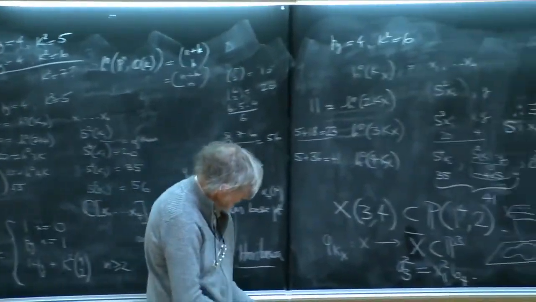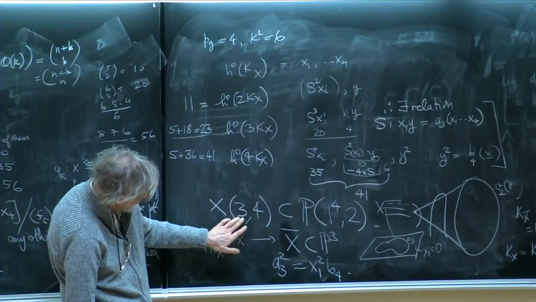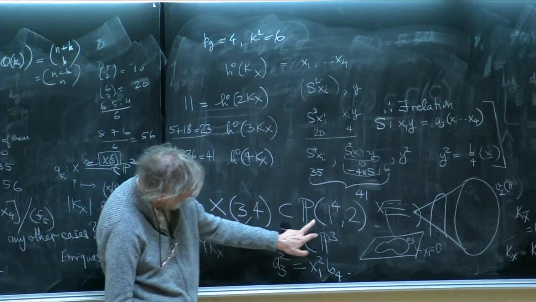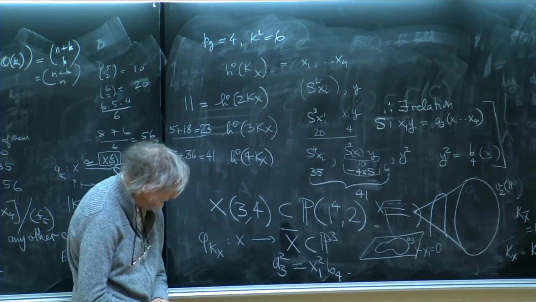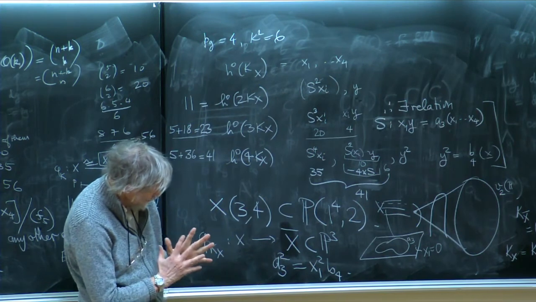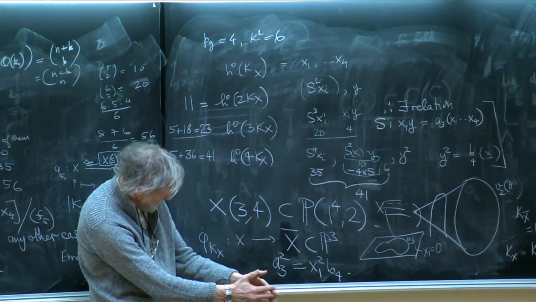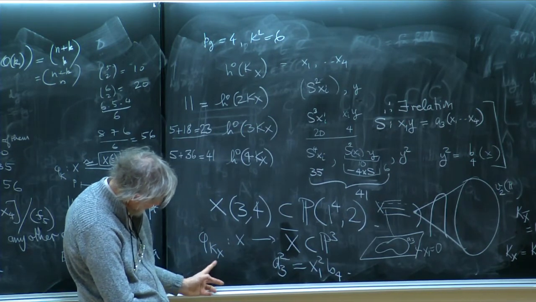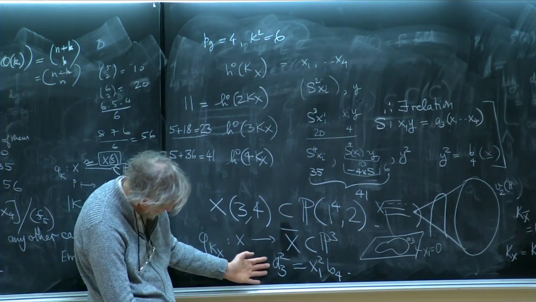So this presentation, a hypersurface of degree 3, 4 in P(1,1,1,2,...), is really better than this one. This one is the canonical image. What happens if you take only sections of K_X? Of course, you can follow this through.